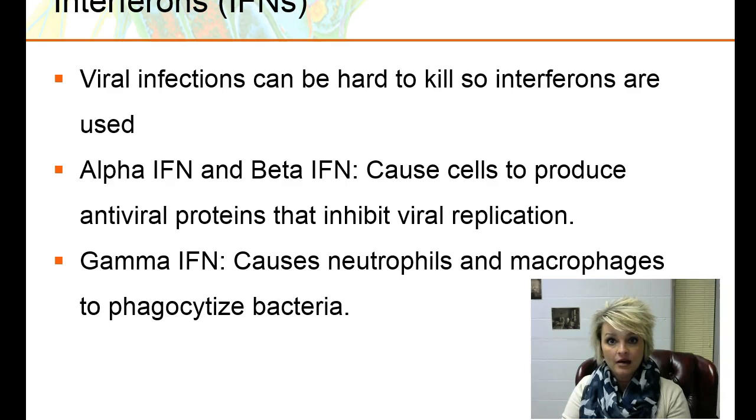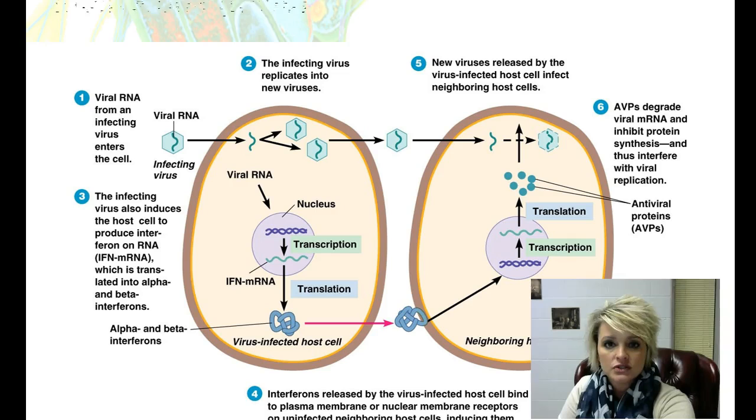We make that in a lab and give it to patients. It's been approved to give to patients with chronic types of viral infections, like hepatitis. We give hepatitis patients interferon to hopefully stop some of this replication, and therefore the virus will eventually die out.